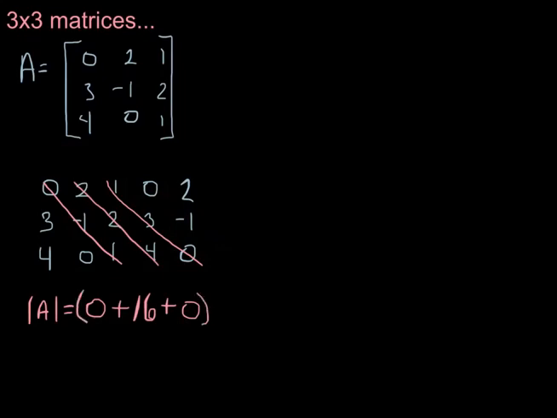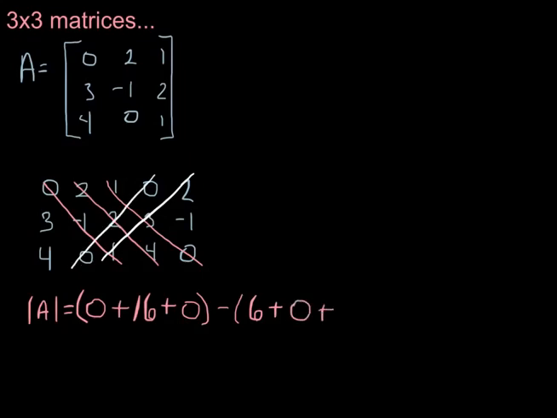So we're going to stop there, and we're going to subtract the diagonals from the other direction. Now we're going to start at the top right. So we'll do 2 times 3 times 1, which is 6. Then we're going to do 0 times 2 times 0, which is 0.